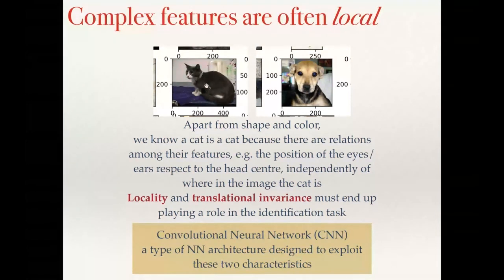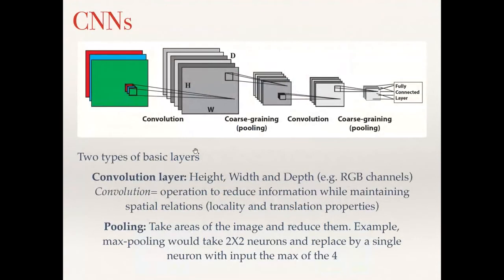You have to be able to identify a cat, no matter if it's in this position, or with the girl as before, or in some other position. So what you care about is really relative distances, the fact that things are close or not to each other.